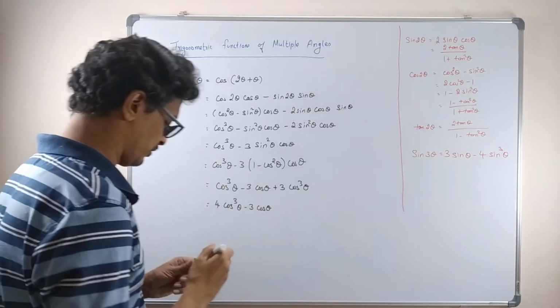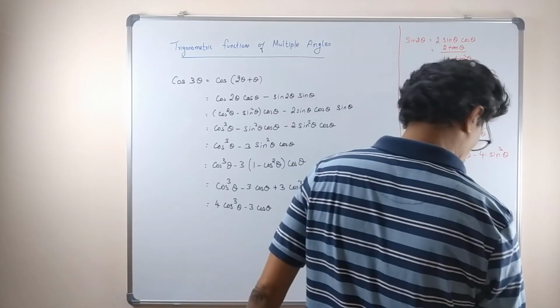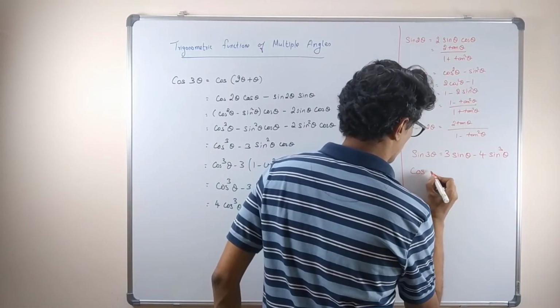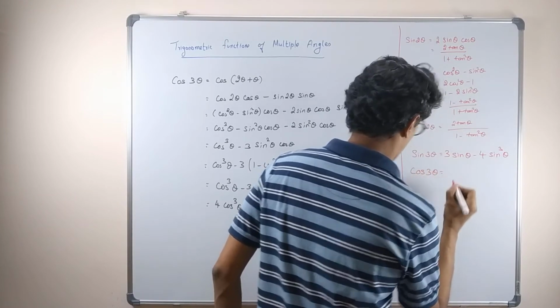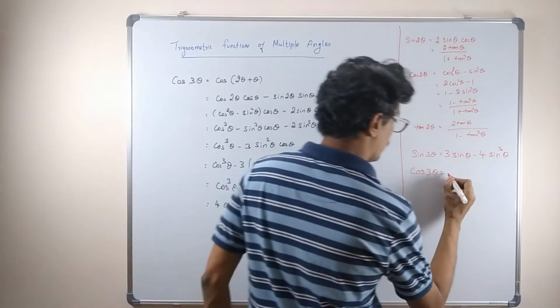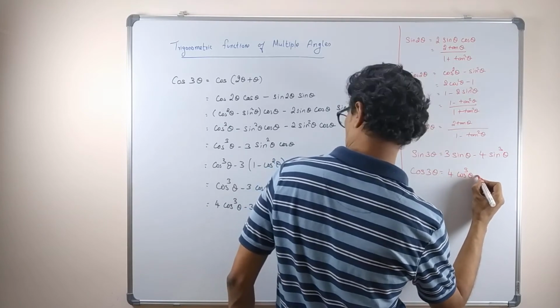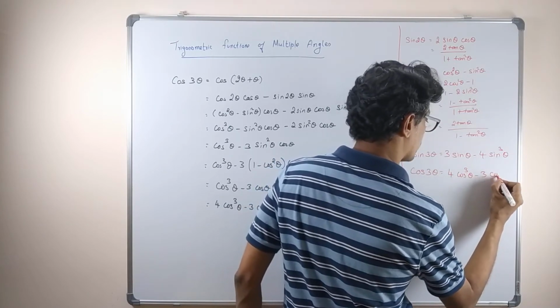That is the answer we have for cos 3 theta. Cos 3 theta is equal to 4 cos cube theta minus 3 cos theta.